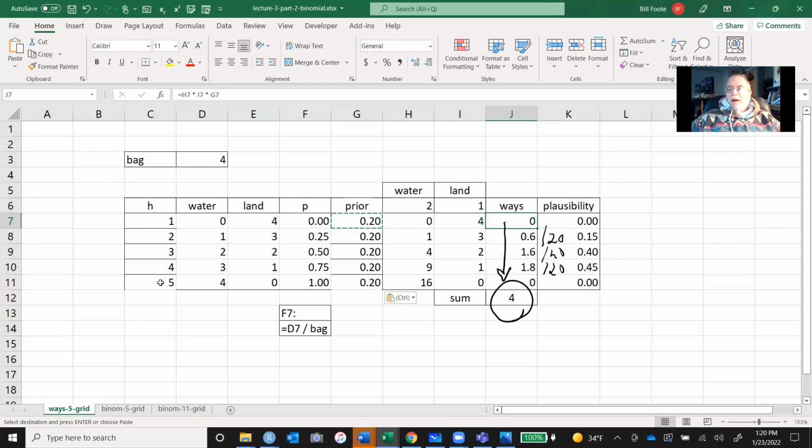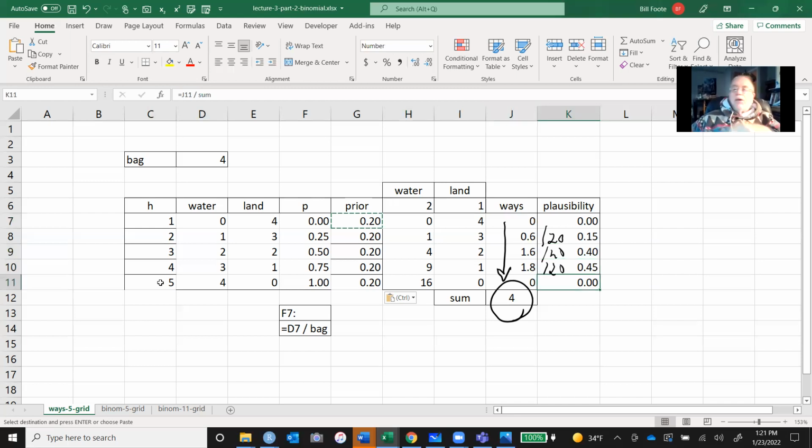We multiplied the prior times the way in which water and land, as we observe them, are compatible with each and every single one. Okay, and now look what happened here. Because I multiplied everything by 0.2, 0.2, 0.2, they add up to 4, but it doesn't change the result. It's still plausibility of 0, 0.15, 0.4, 0.45, and 0 again.